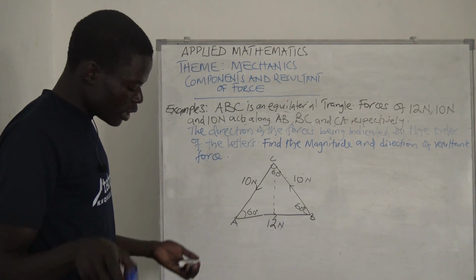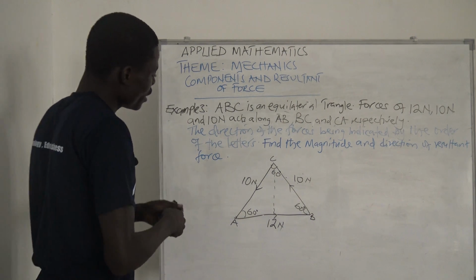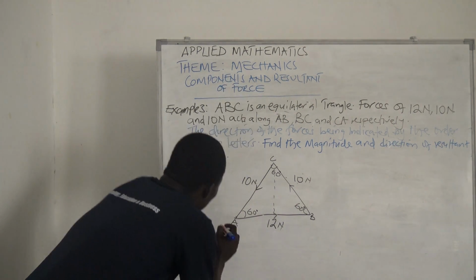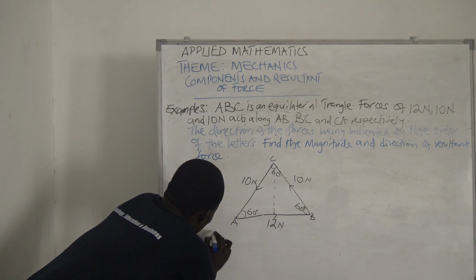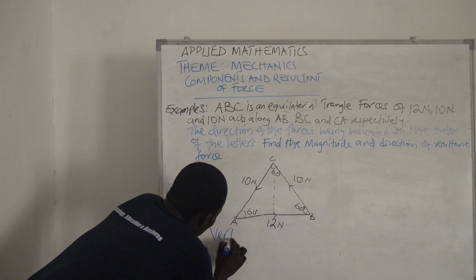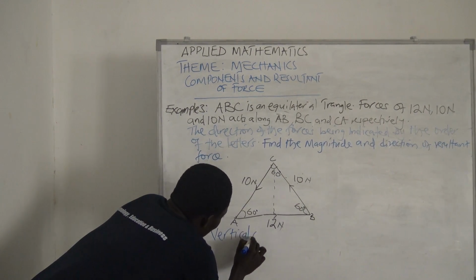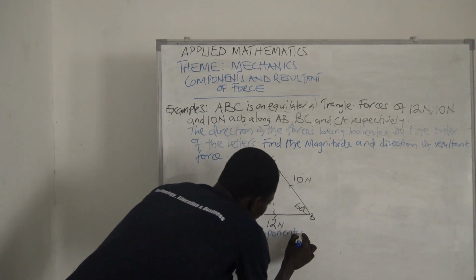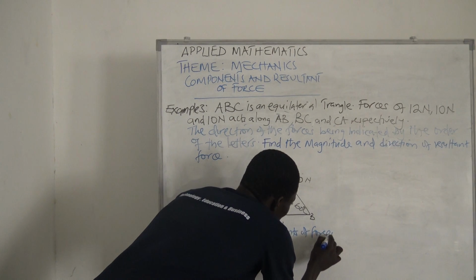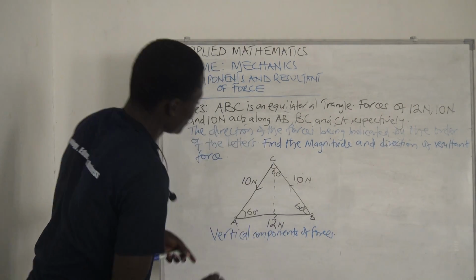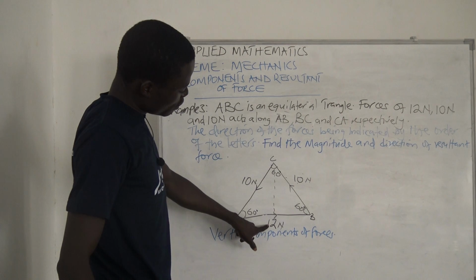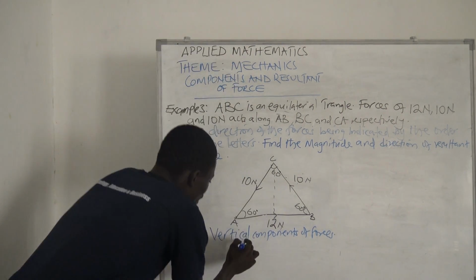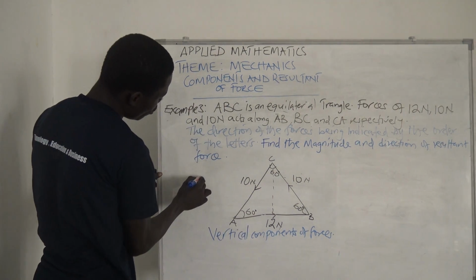So our vertical components of forces: this force of 12 Newton does not have a vertical component. We only have these 2 forces, acting in this direction.